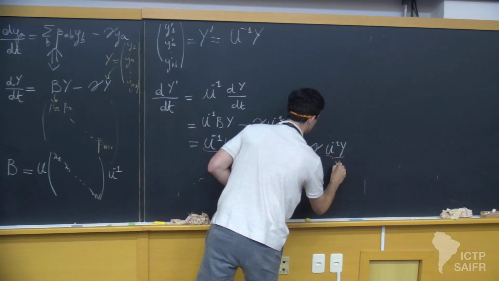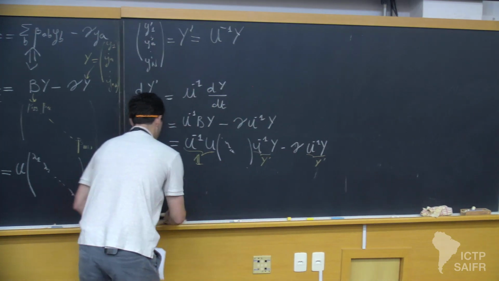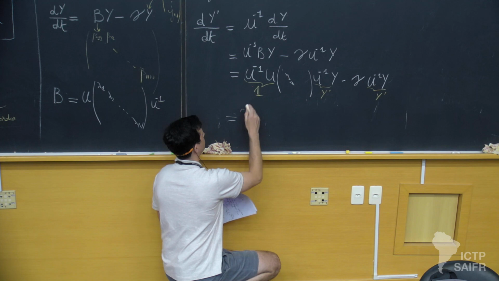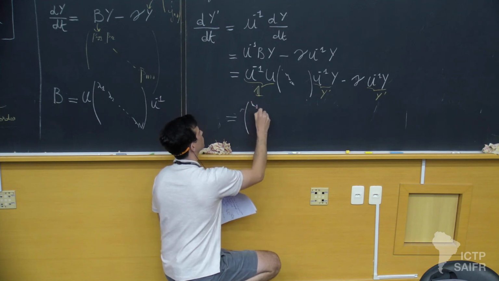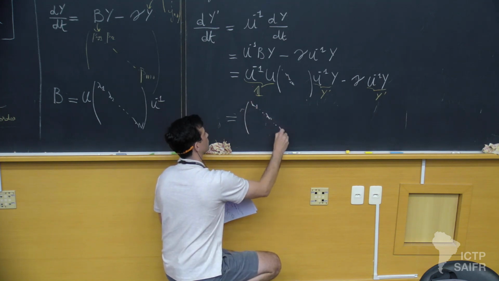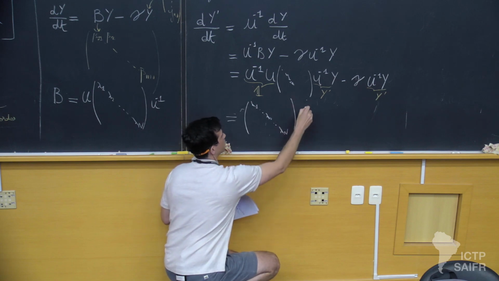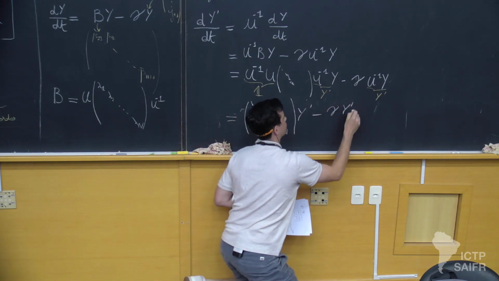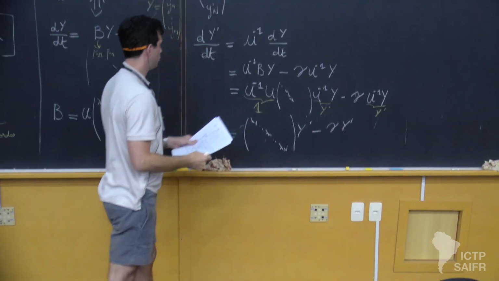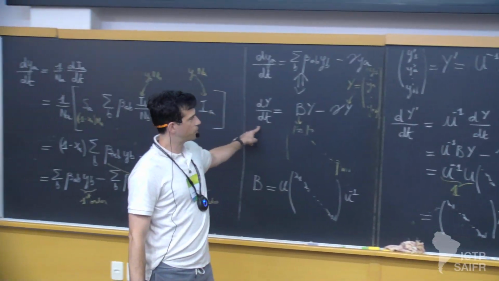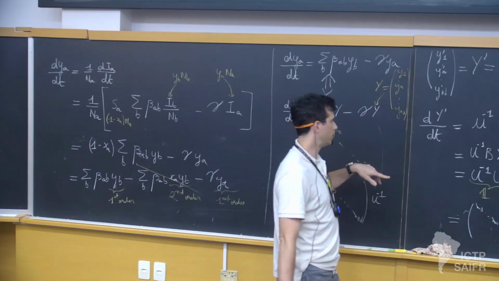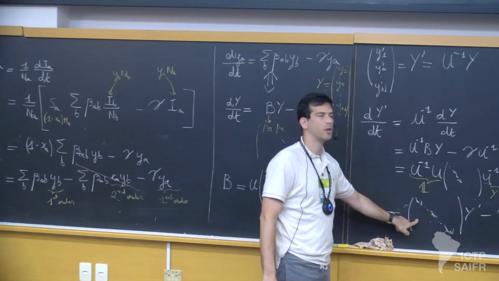So in the end, we obtained that it's simply a diagonal matrix times Y prime minus gamma Y prime. So this one follows its own equation with the matrix B, and once you change the base, you get a similar equation, but this time the matrix is diagonal.